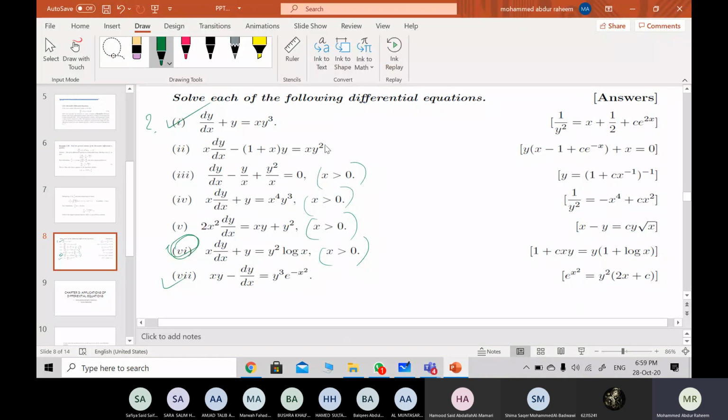So let us show you how it will be at least. We do not want this, so first we divide. So now divide, sorry, x is there now here.